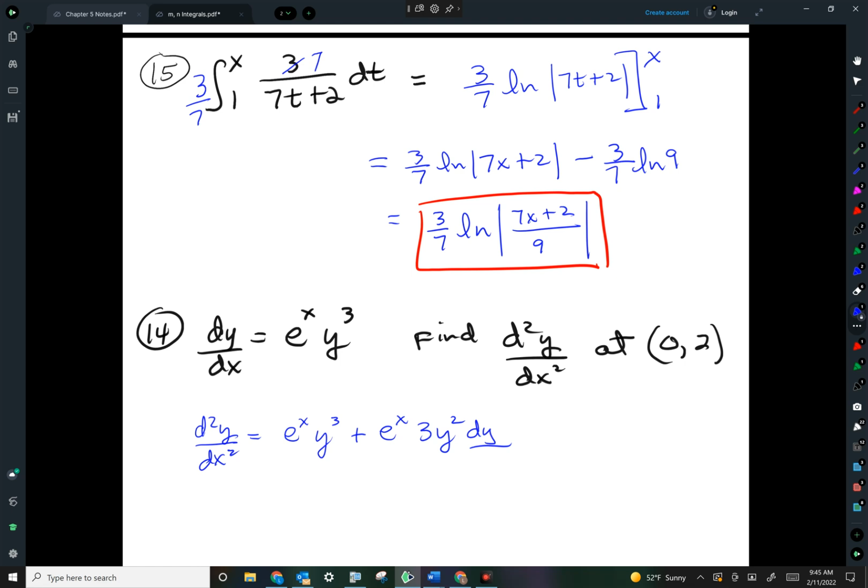Right. Does that change the answer? Because now when you plug in your (0, 2), you're going to have to plug in something for dy/dx. But you've got to get that out. But this is dy, and then just dy/dx.